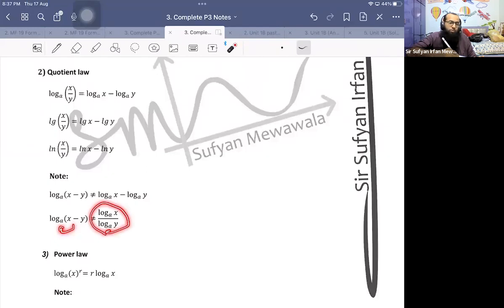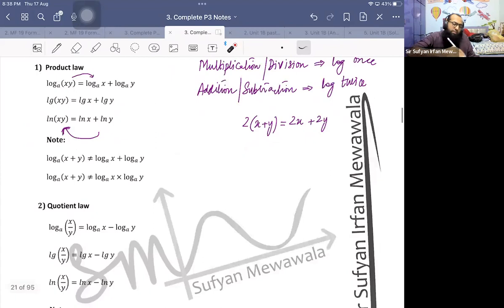In division form the log has to be once, in subtraction form the log has to be twice. So this is not the application of the quotient law. Similarly, this is also not the application of the product law. And in note number 1, normal multiplication does not take place using logs.